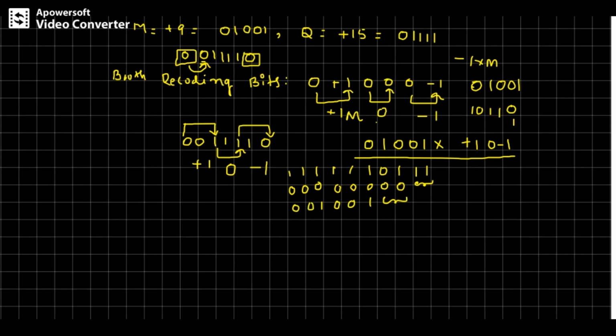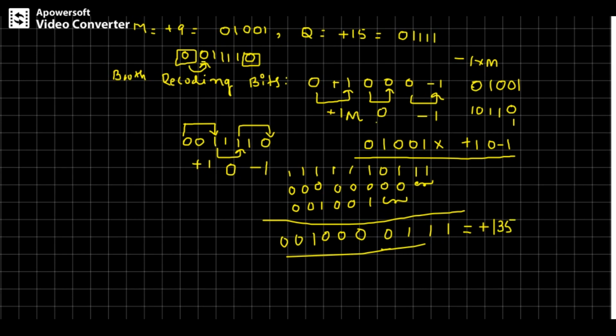So now we can add the partial product. So that means we'll get 1, 1, 1, 0. So 1 plus 1 is 0, 0, 0, 0, 1, 0, 0.